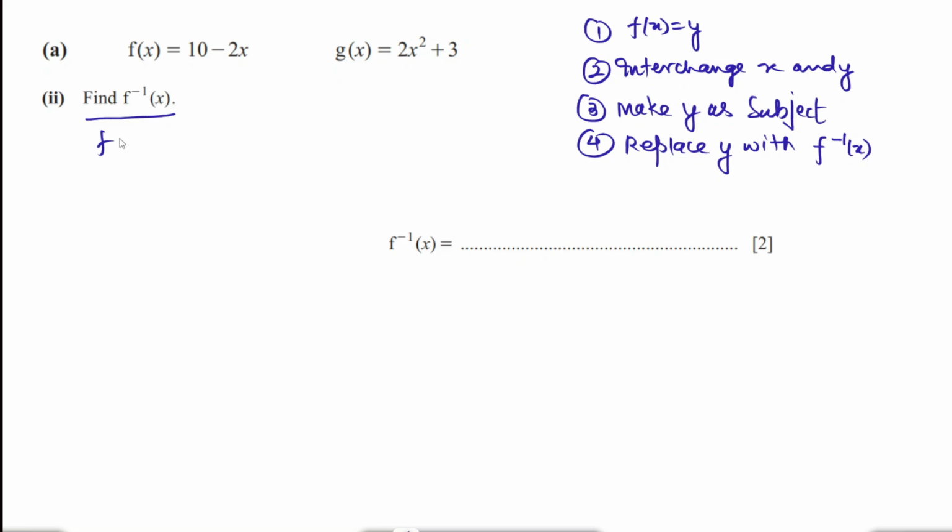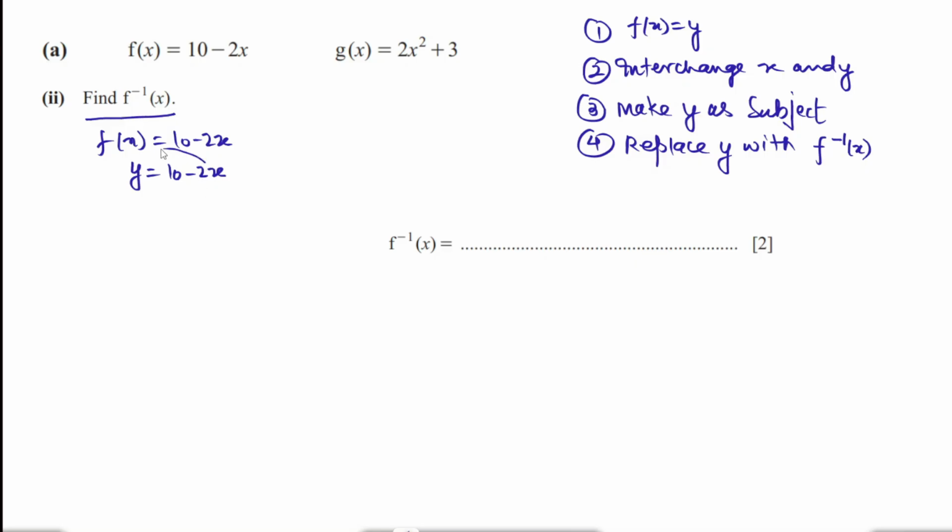So we have the function f of x equals 10 minus 2x. First of all, replace f of x with y, 10 minus 2x. Now we are going to make x the subject. Whenever I try to make a variable the subject, I always try to keep that term positive. So here we have negative 2x.